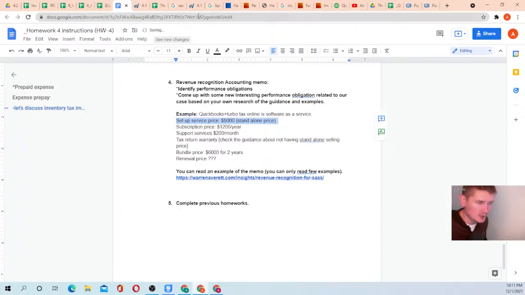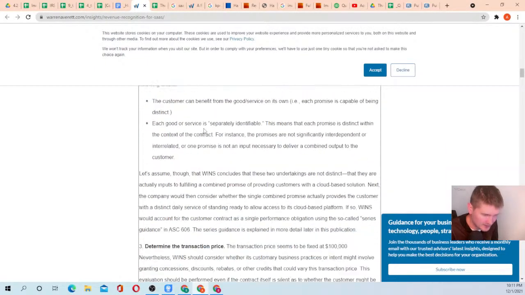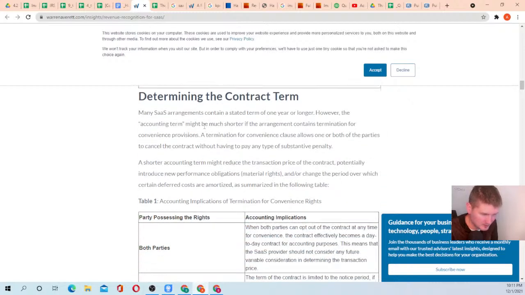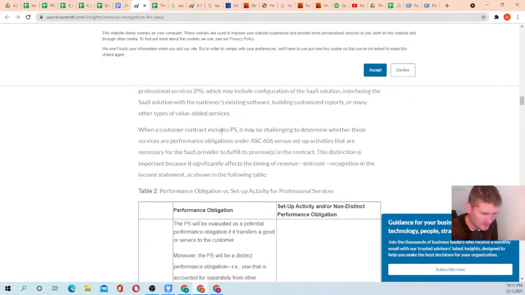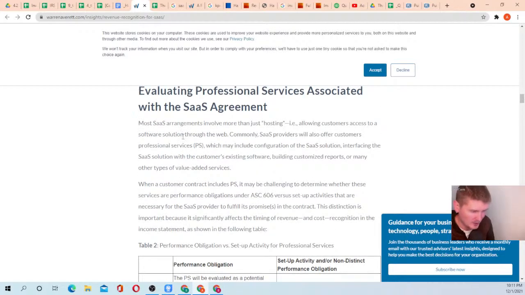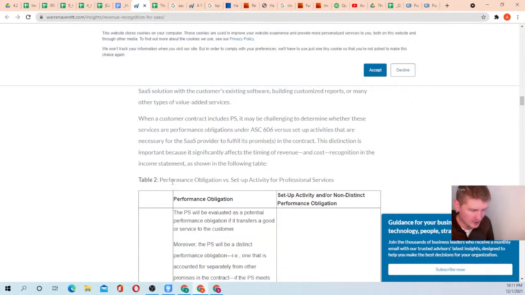Okay, so let's now move on to our article. So we did that exercise, we did that example earlier. I will skip contract term for now. Okay, so here in the article, we have an example that will explain to us the differences between a performance obligation and a setup activity or non-distinct performance obligation.